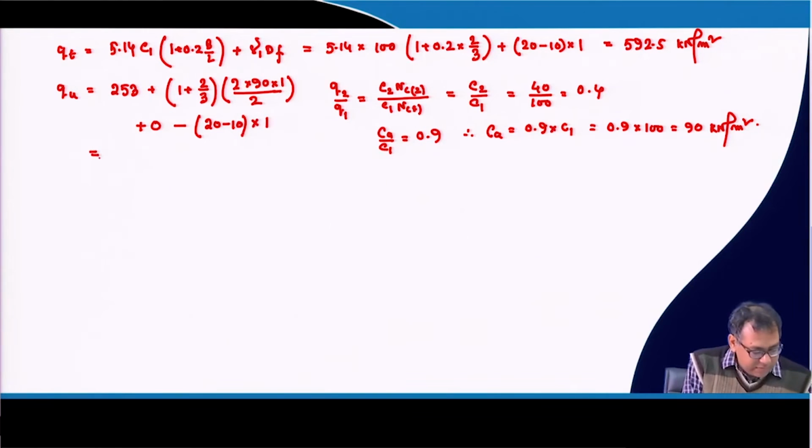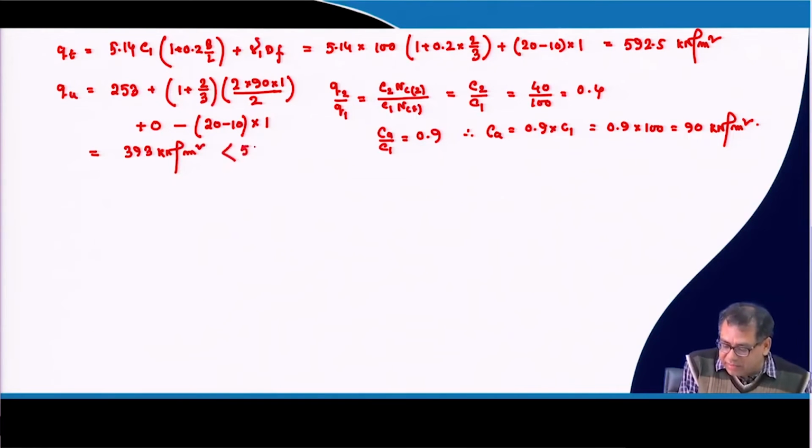So, finally, this equation gives a value of 393 kilonewton per meter square, which is less than 592.5 kilonewton per meter square.